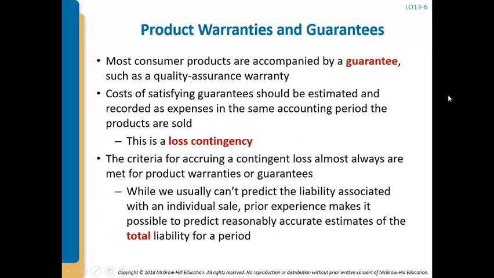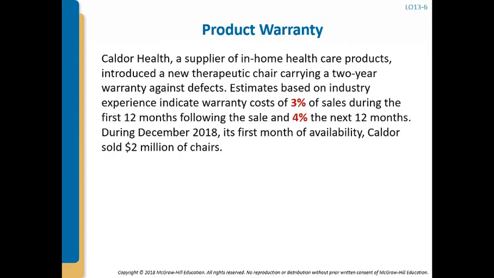And because of this, it's both probable as well as reasonably estimable. So for that reason, you must record a loss or a liability for the amount of the estimated loss.